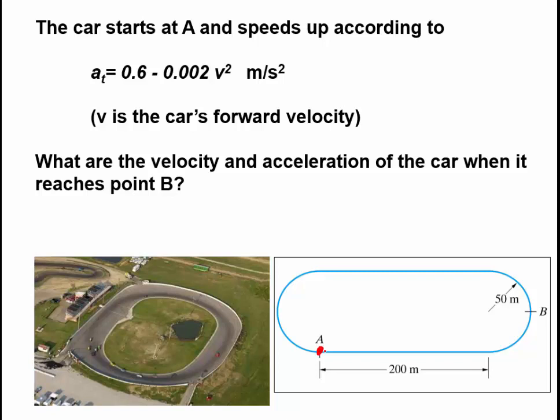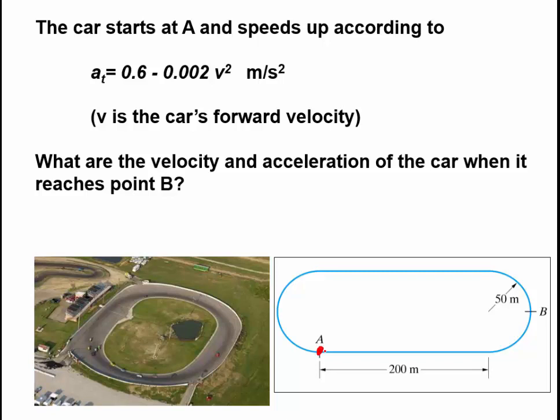What would that come from physically? It would basically be talking about the force of the car going forward, so the friction or thrust force on the tires, and then 0.002 v squared really represents the drag.